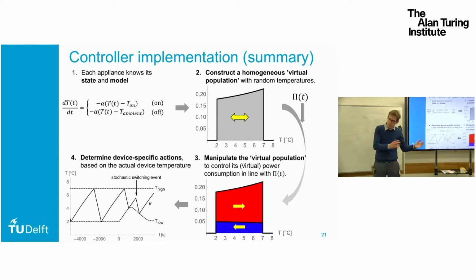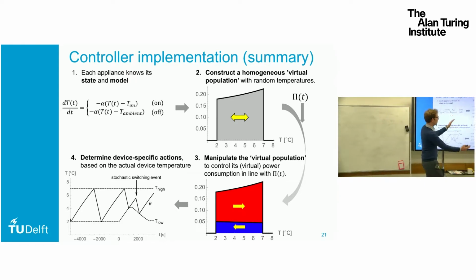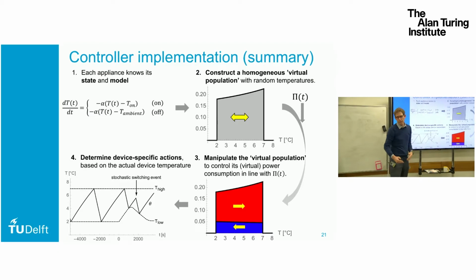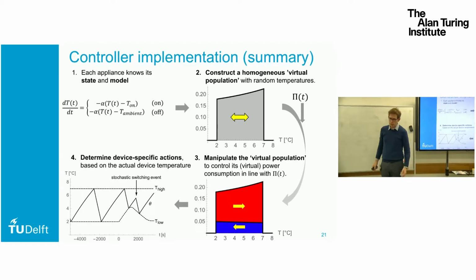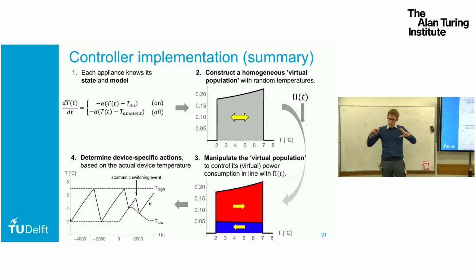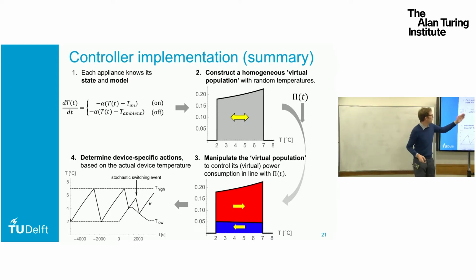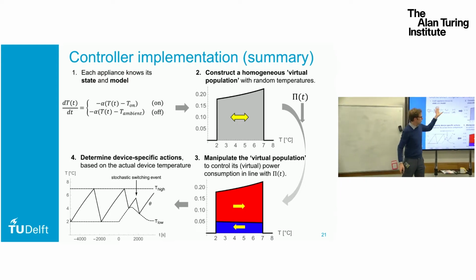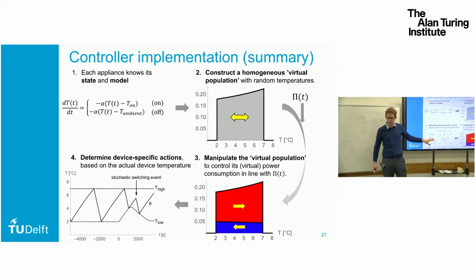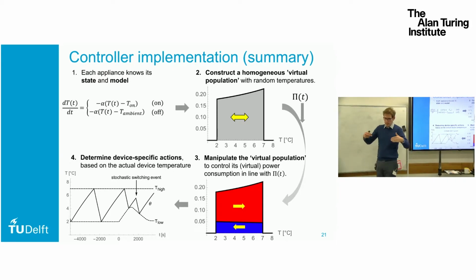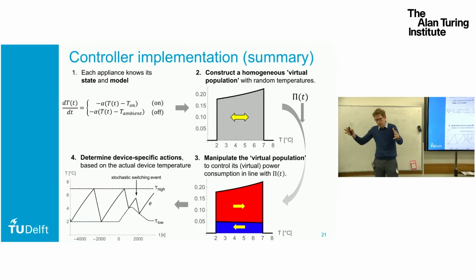You can do this for fridges and freezers. Freezers would be sitting over here in the negative temperatures. Again, very different. So everyone would do a different computation. So all this happens locally. So the pi comes in, and then the fridge does all of this locally. And then it has the property that in probability, the average behavior is as you desire.